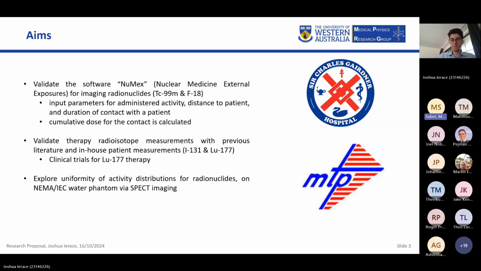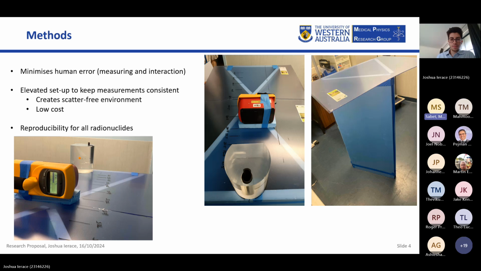Thank you. Very nice project, well defined, and great that you have had some progress. My question is about the Fluke detector that you mentioned you're using for those rate measurements. What type of detector is that? It's a Fluke ionization chamber. Okay, good.